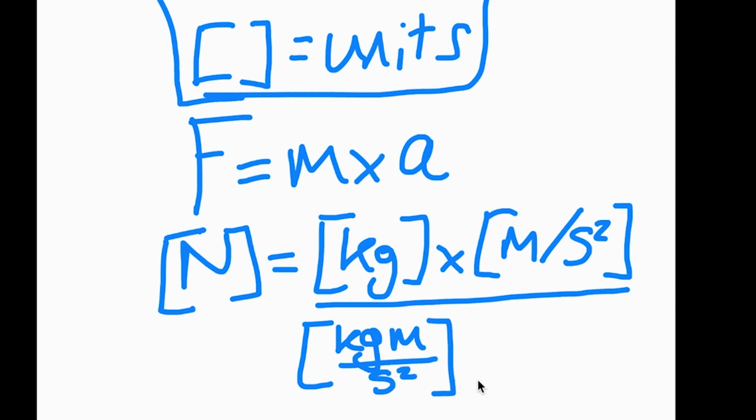And of course, overall, that means that newtons is equal to kilograms multiplied by meters divided by second squared. And that is in fact the SI units for newtons. So force has this relationship with SI units that you see here.